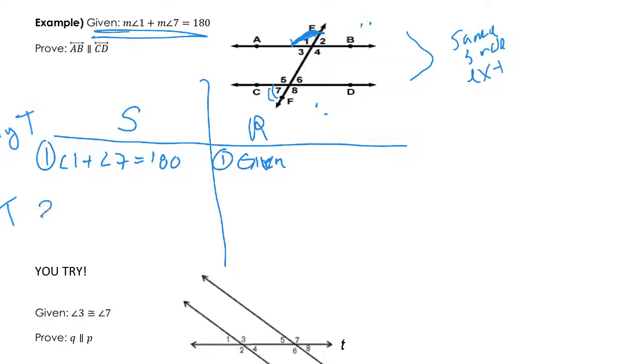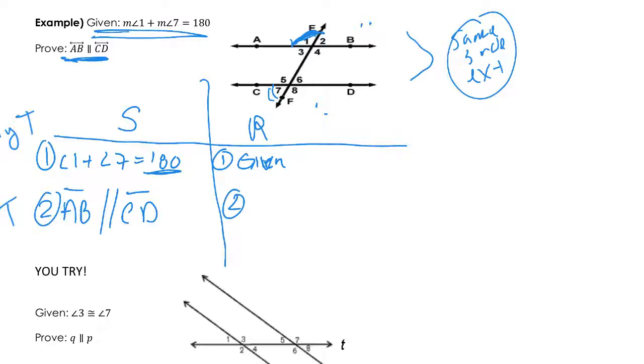So 2. If I have same side exterior, and they're supplementary, what do you know? Well, looking back to the front, when we had same side exterior or supplementary, we know my two lines are parallel. So now I know AB is parallel to CD.